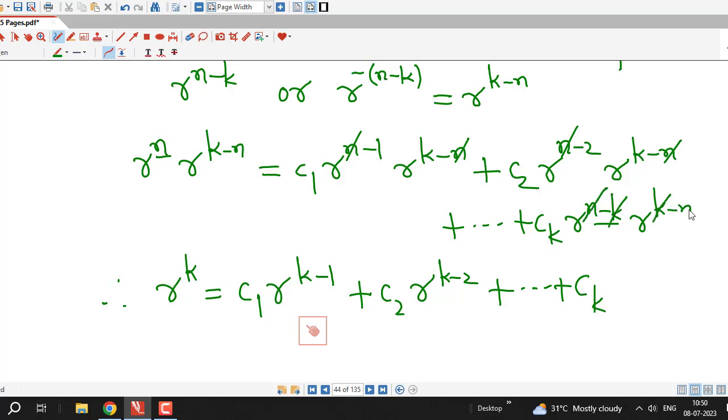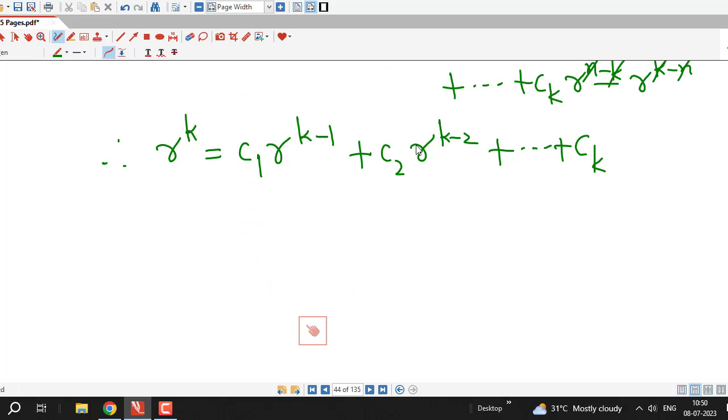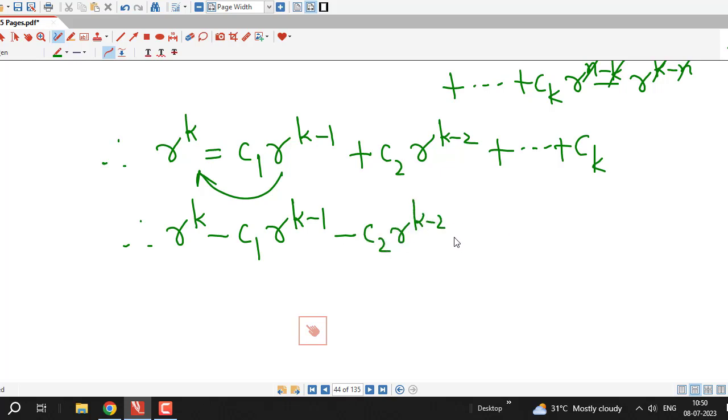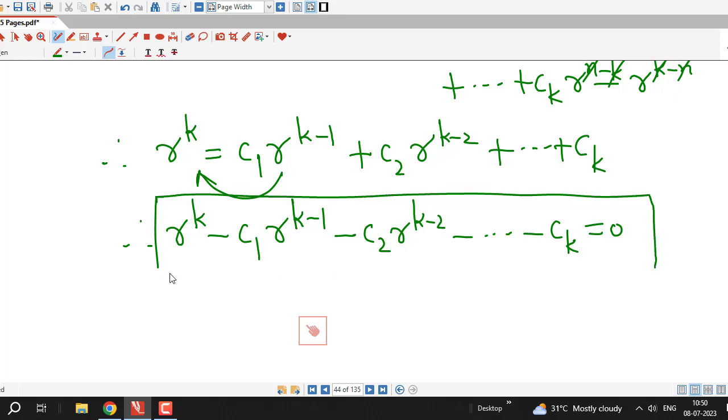Let me rewrite this by transferring all the terms on the right hand side to the left hand side: r raised to k minus c1 times r raised to k minus 1 minus c2 times r raised to k minus 2 and so on minus ck equal to 0.